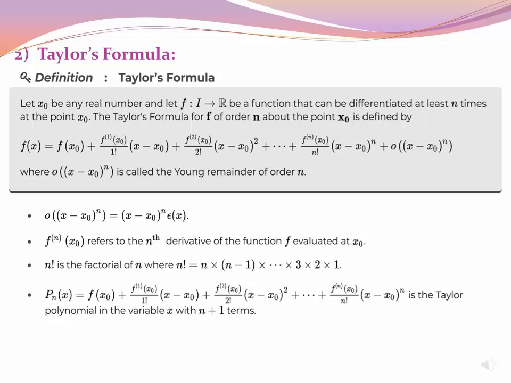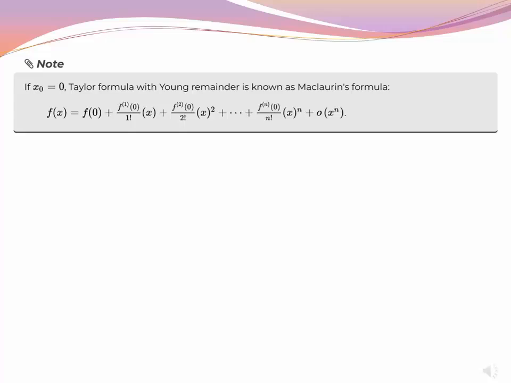Then the Taylor formula of order n about the point x0 is the following formula, where the small o term is called the Young remainder and it becomes negligible as x tends to x0. Remark: if x0 equals 0, Taylor formula with Young remainder is known as Maclaurin's formula.